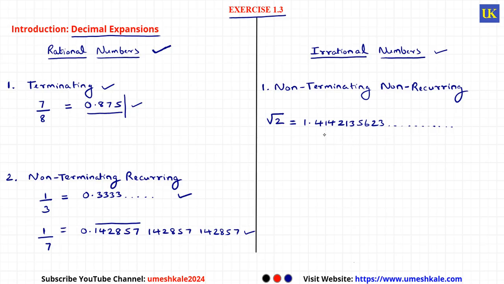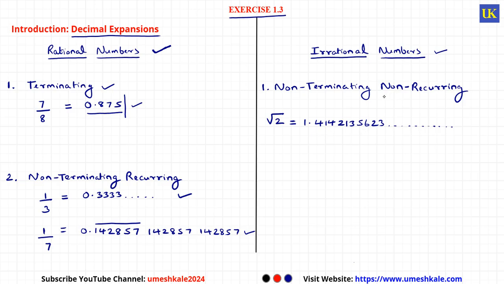So if we see here, first of all, they are not stopping. It means they are non-terminating. Then they are not repeating also, they are not recurring. We have 4, 1, 4, 2, 1, 3, 5, 6. There is no single number repeating, nor are the numbers repeating in a group.